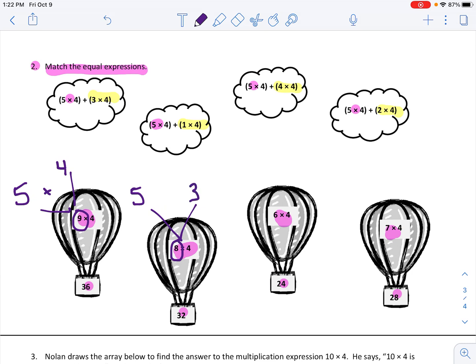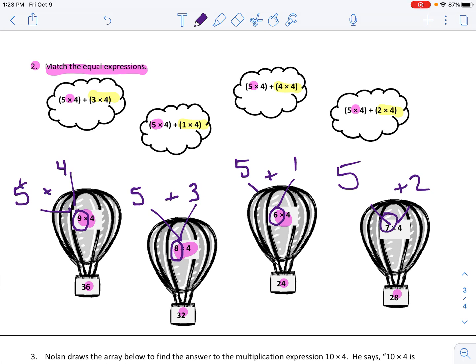Would be a 3. What about the 6? The 6 is a 5 plus a 1. And the 7, oops, probably shouldn't just scribble over the top of that. The 7 is a 5 plus a 2 to get to 7.